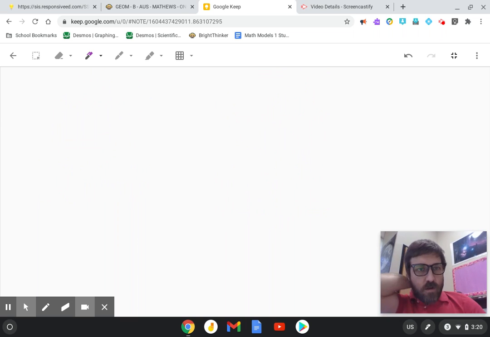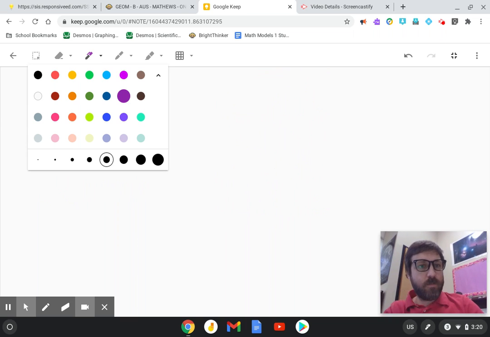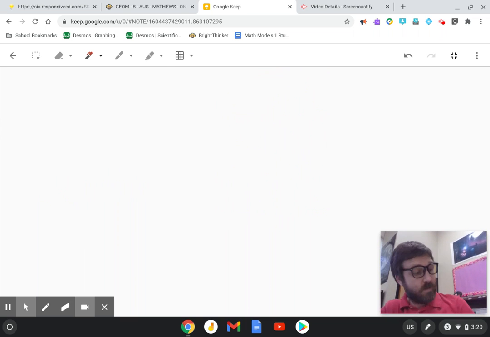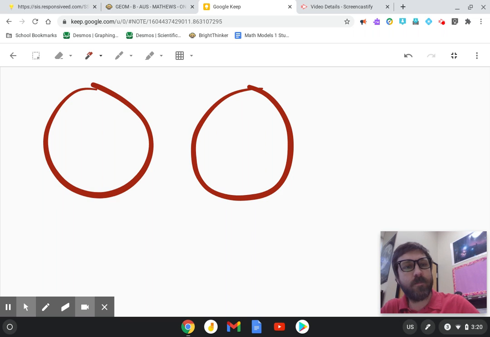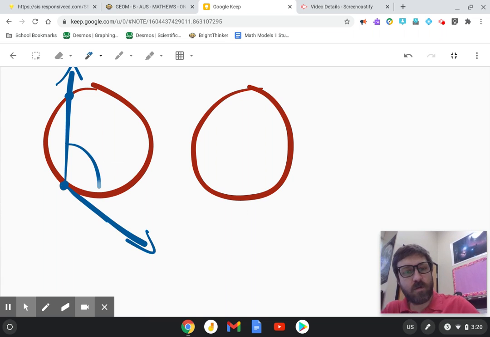And then the first type we'll look at today is called a secant tangent angle. There's actually two ways this can look. One way is that you have a tangent line and a secant. This is a secant because it crosses the circle twice. This line is a tangent because it touches the circle just once.